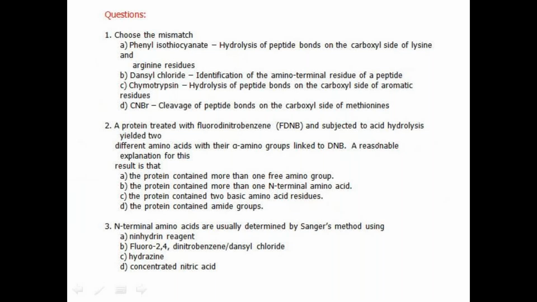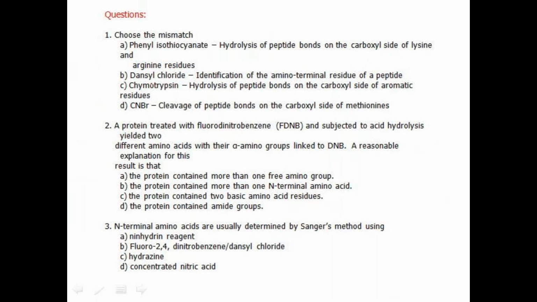Okay, next we will go for the questions. Choose the mismatch. The first question: A, phenyl isothiocyanate, causes hydrolysis of peptide bonds on the carboxyl side of lysine and arginine residues.